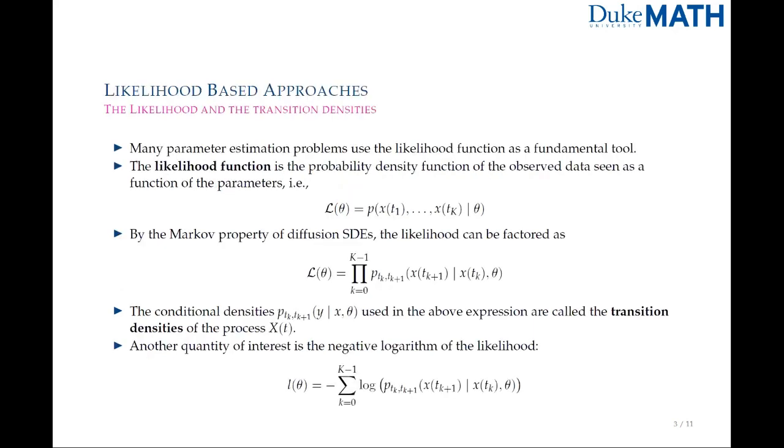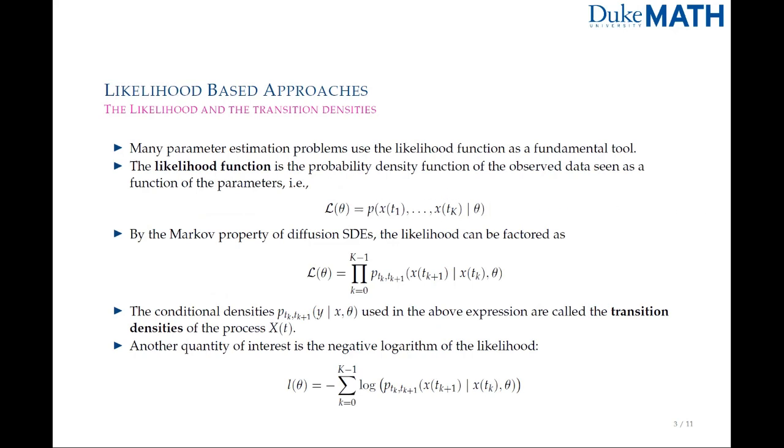So the first thing that we do is use the likelihood. By likelihood, I mean the probability density function of the observed data, but seen as a function of the parameters. So it is this thing here.